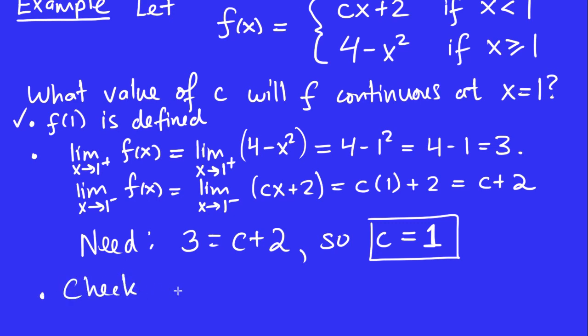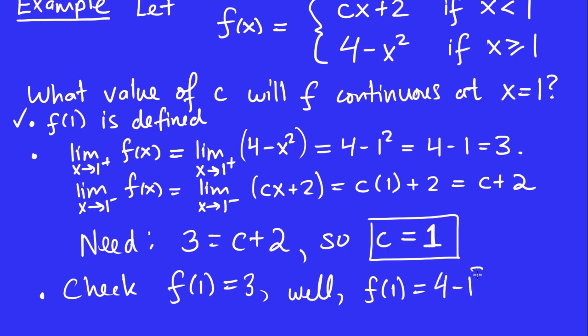We need to check that f of 1 is equal to the value of these limits here, in other words, 3. Well, let's see. What is f of 1? Which option do I use again for f of 1? I use the second one, right? Which is 4 minus 1 squared, which is 4 minus 1, which is 3. And that's what I wanted, right? So we now have checked all 3 of these conditions.